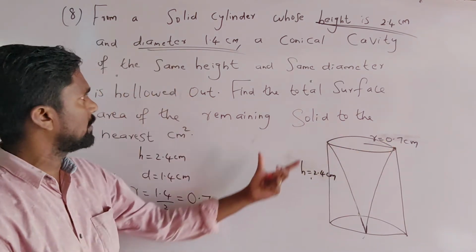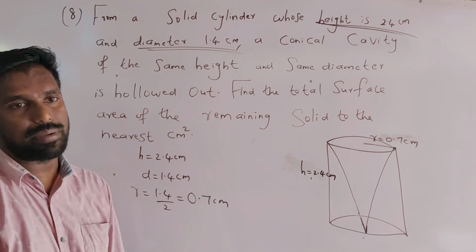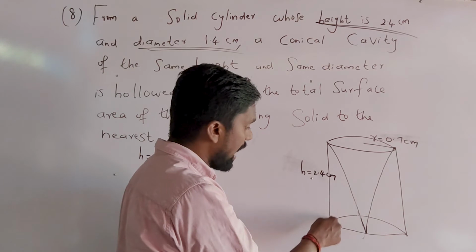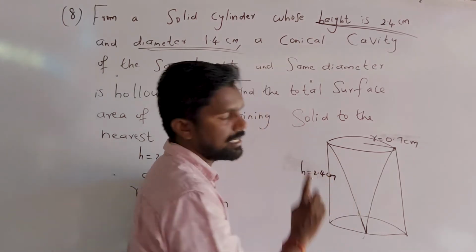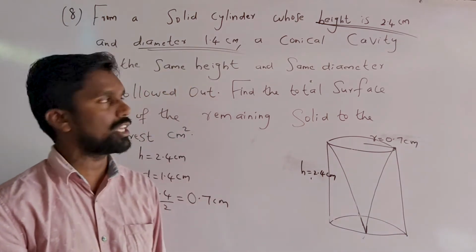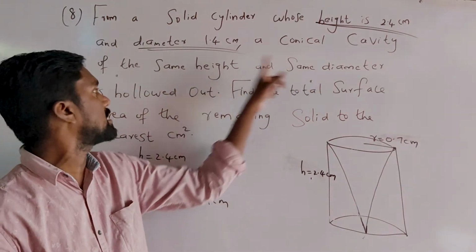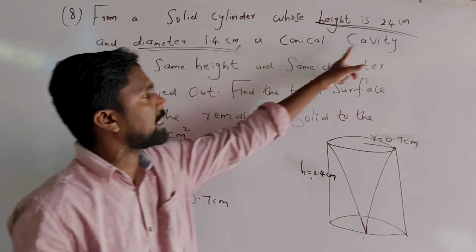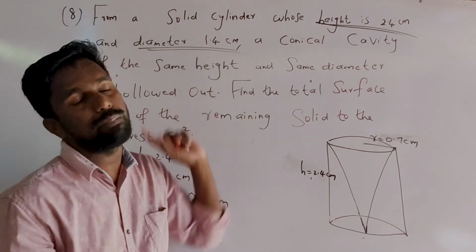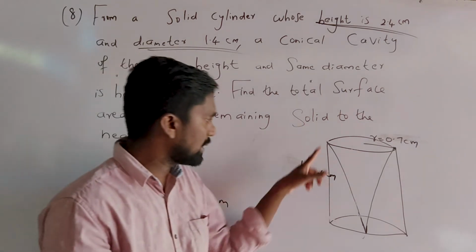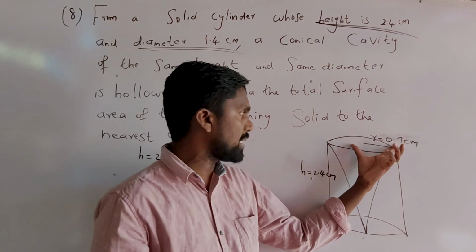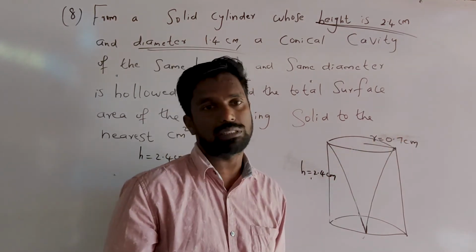Same height and same diameter means the cylinder height and cone height are the same, and the cylinder diameter and cone diameter are the same.